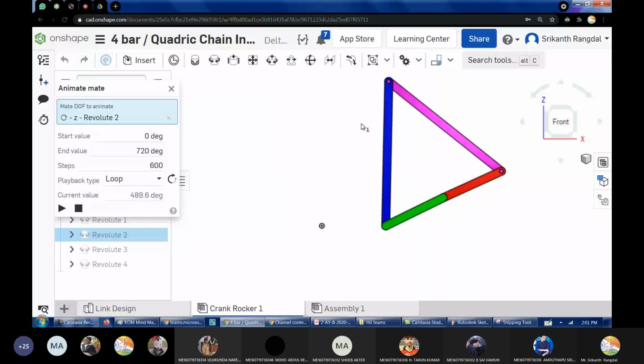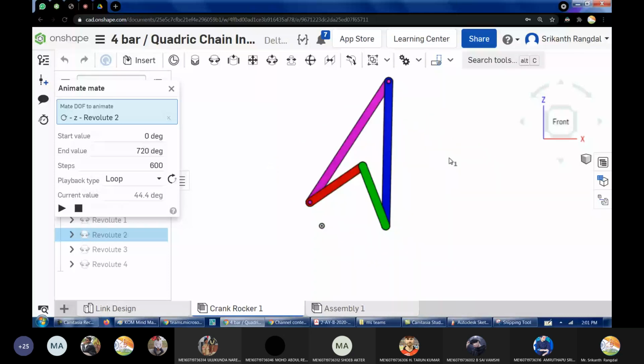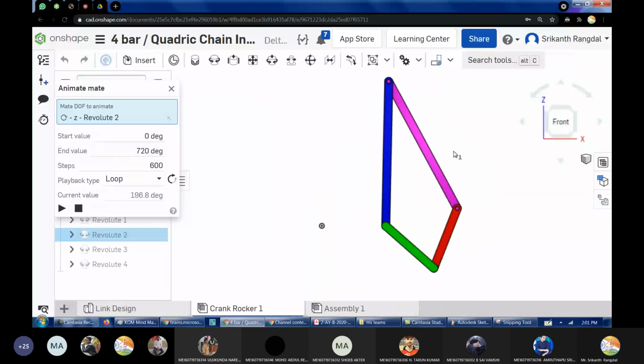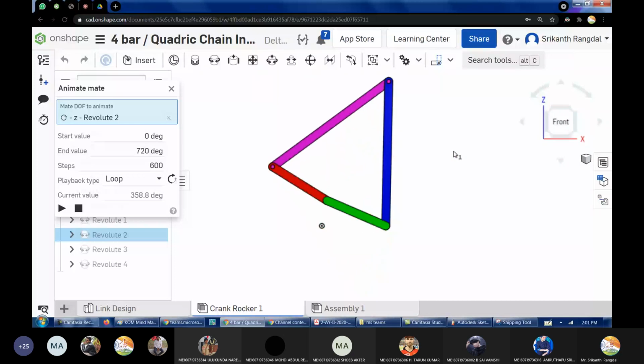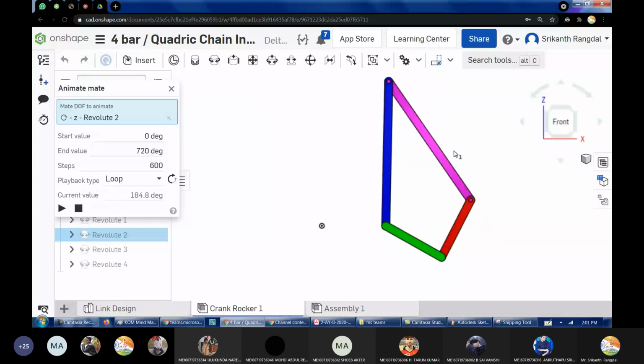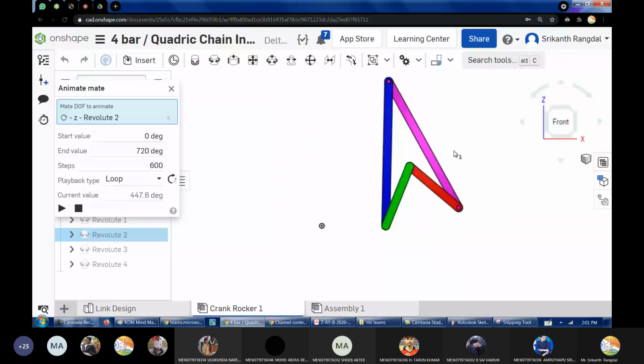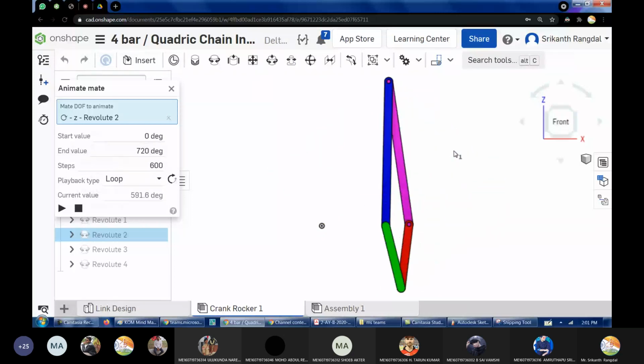The rocker never crossed the fixed link. But in this case, the rocker is crossing the fixed link and it is oscillating on both sides of the fixed link. That's what makes this once again a very, very special case.